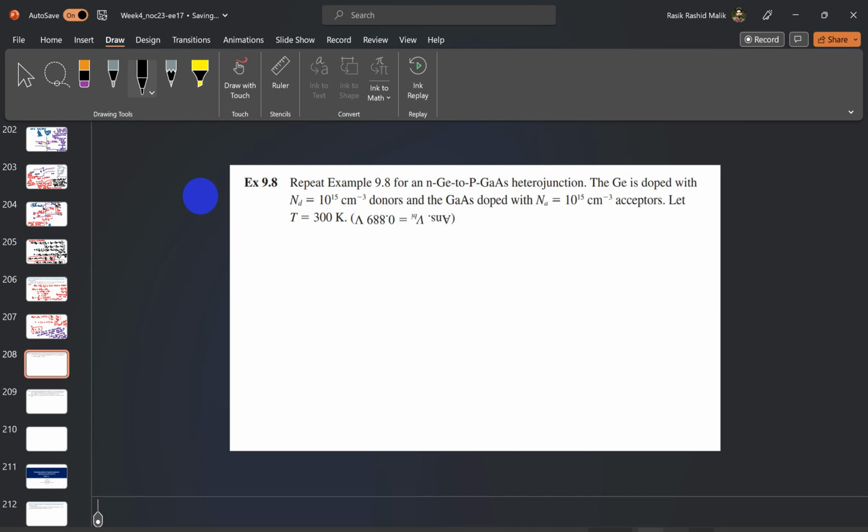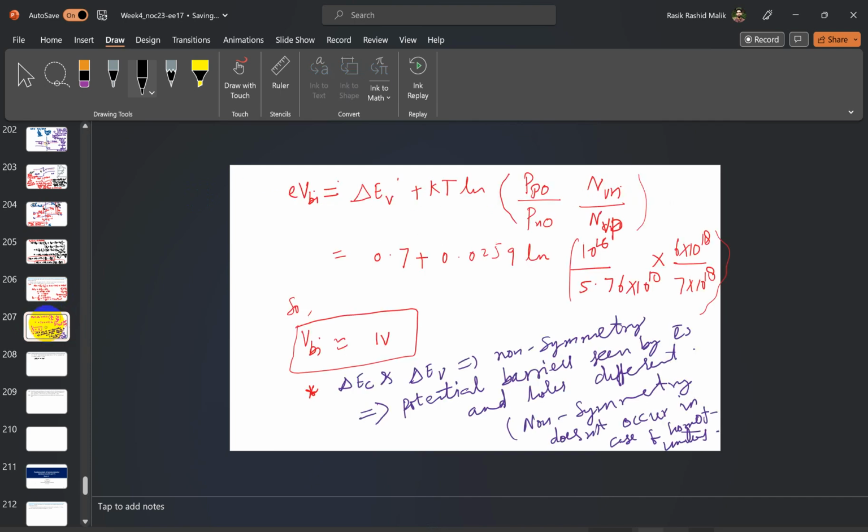We have to find the VBI. We already know that delta EV is required. Delta EV we have already calculated in the previous example, and it was coming out to be 0.7 electron volt, right? Now, the other thing, I will write the expression.